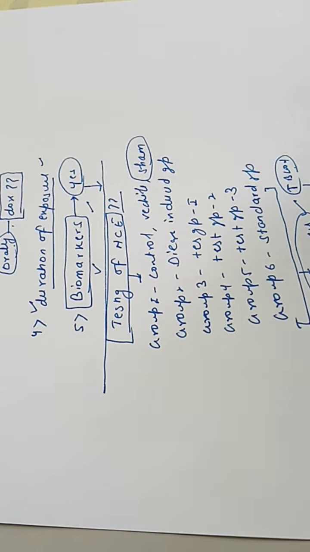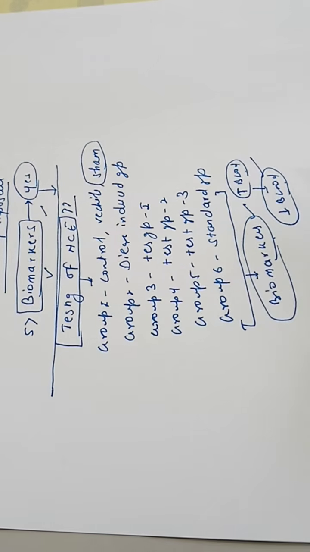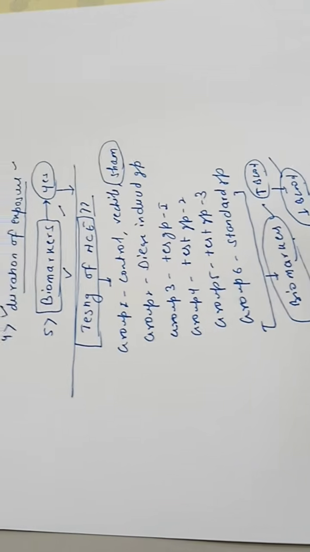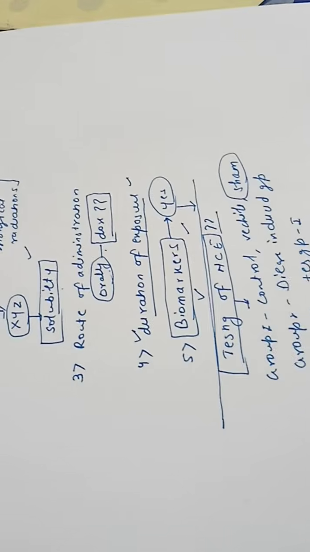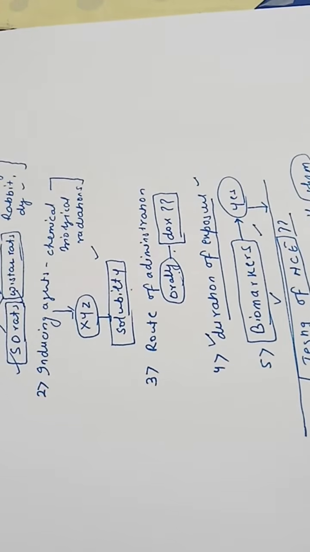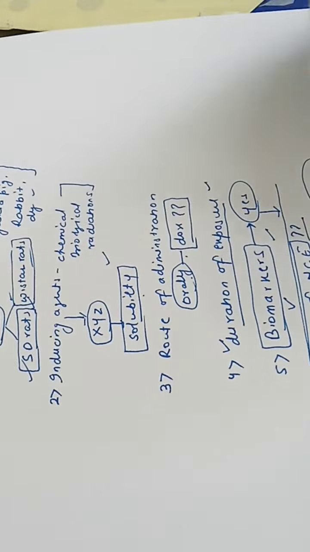So blood glucose level is one of the biomarkers. This is about general animal models, not CVS. In the next video, I am going to discuss the CVS disease models.